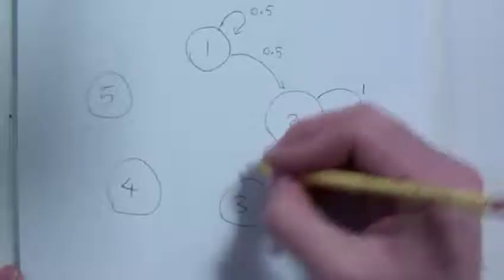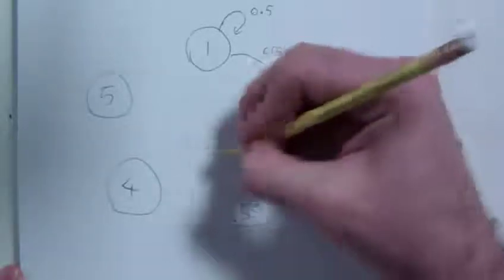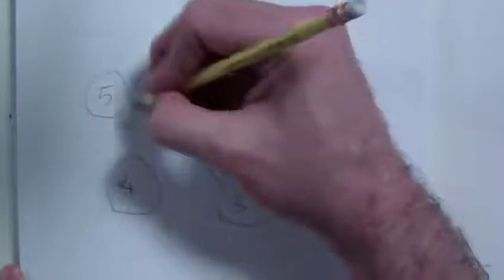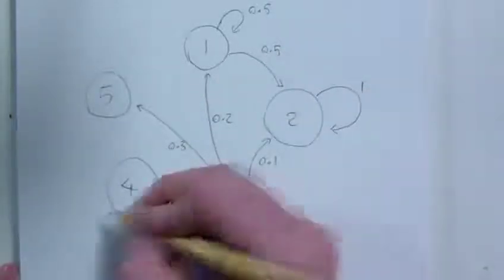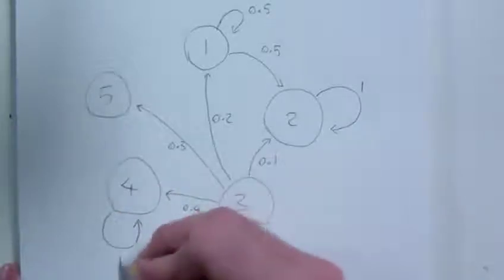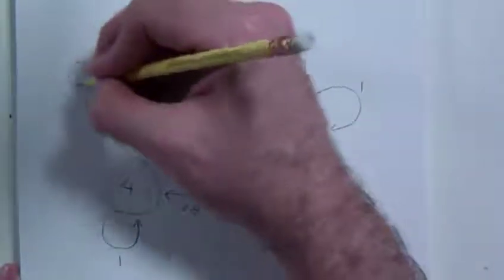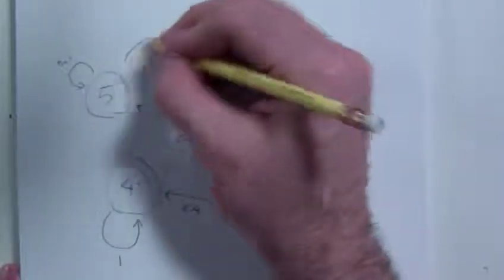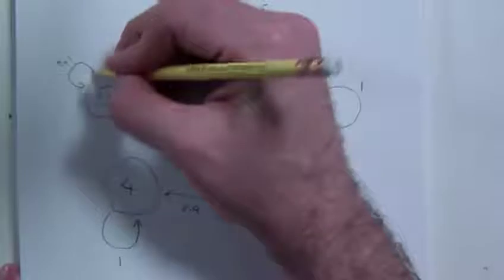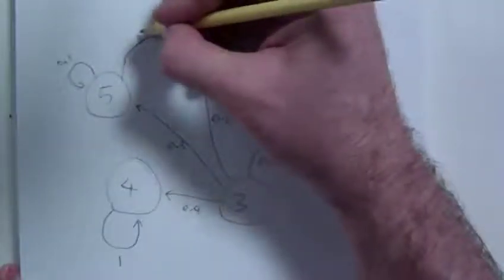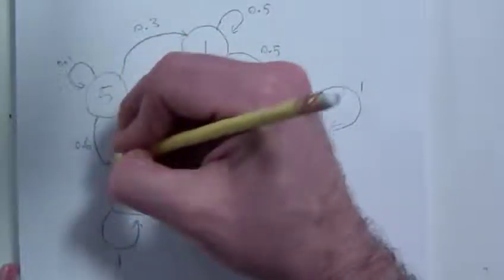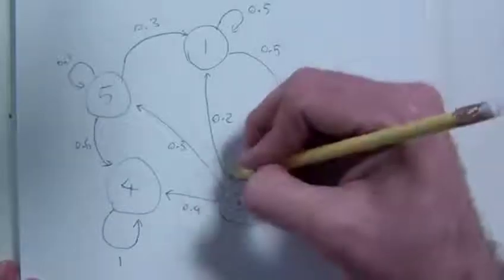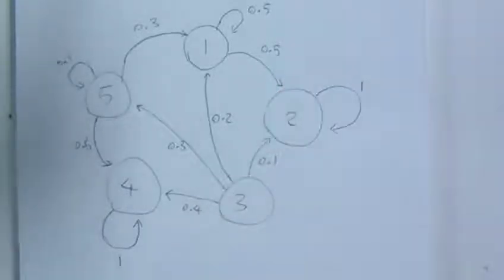And maybe state 3 goes to all the other states and not to itself. I'm just making one up here. Maybe state 4 does the same as what state 2 does. And state 5, let's say, it goes to itself like that, and over to 1, 0.3 and down to 0.6. Okay. So that's my picture of a Markov chain.